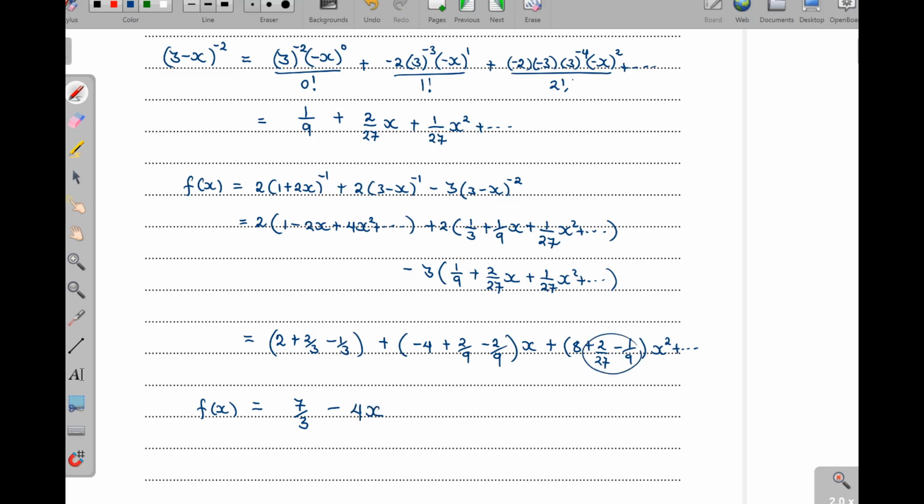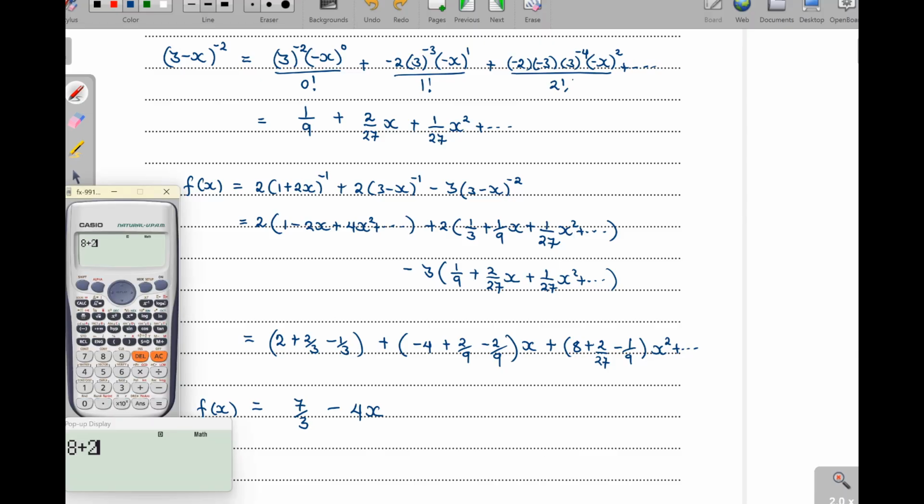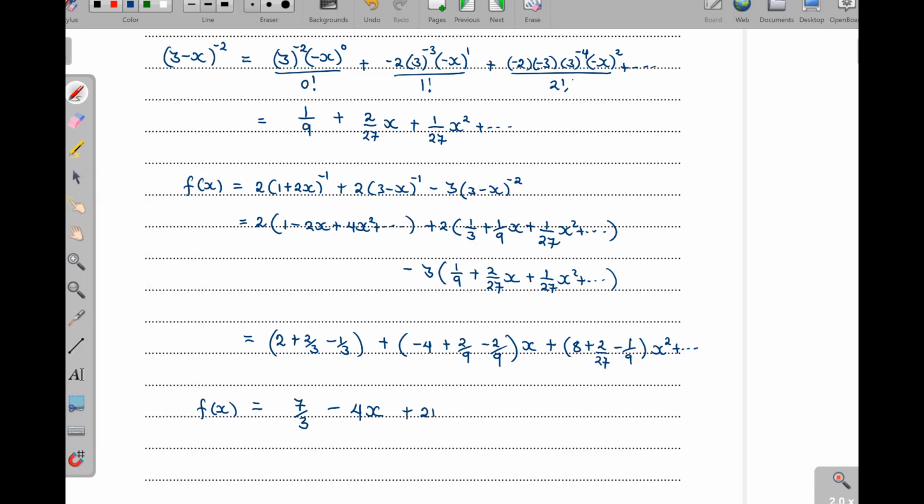Then next, we go to this one here. 8 plus 2 out of 27. Then minus 1 out of 9. This one gives us 215 out of 27 of x squared, because you ignore higher powers, and that is that.